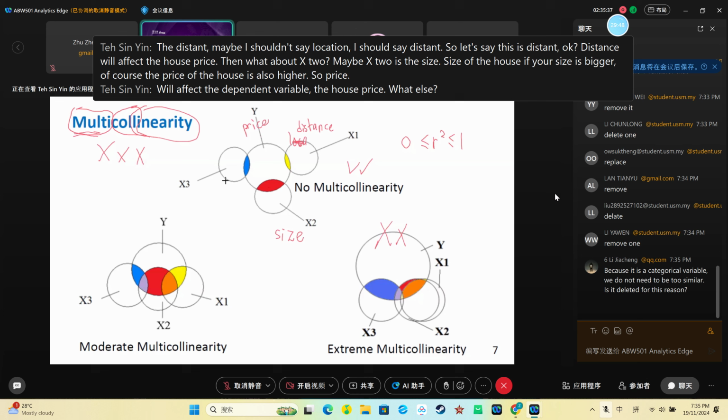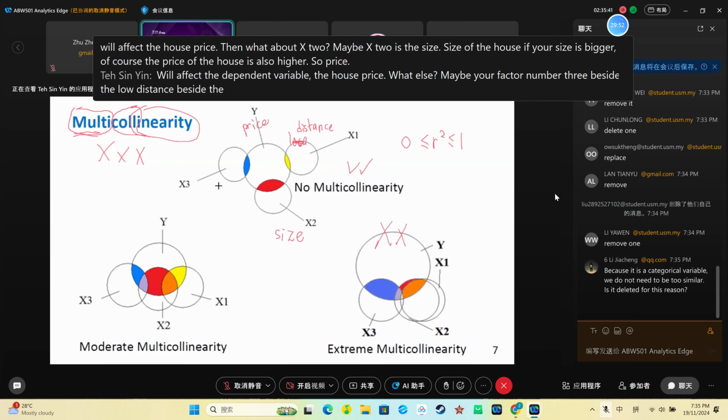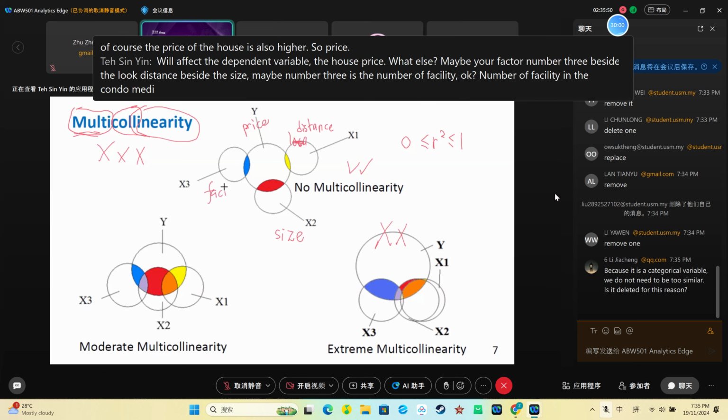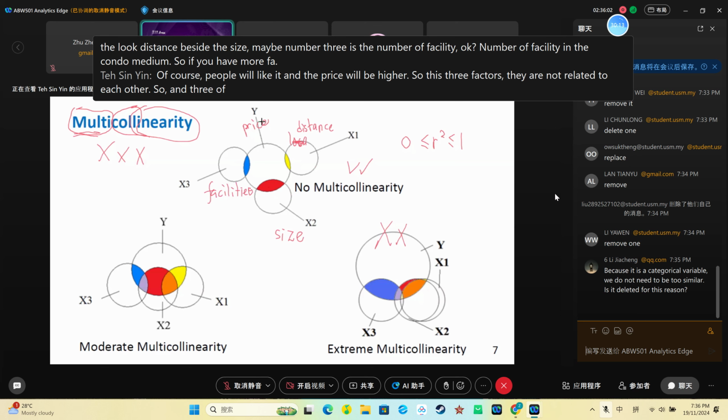Maybe factor number 3, beside the distance and the size, is the number of facilities in the condominium. If you have more facilities, of course, people will like it and the price will be higher. So these 3 factors are not related to each other, and all 3 of them contribute to your house price. So there is no multi-collinearity.